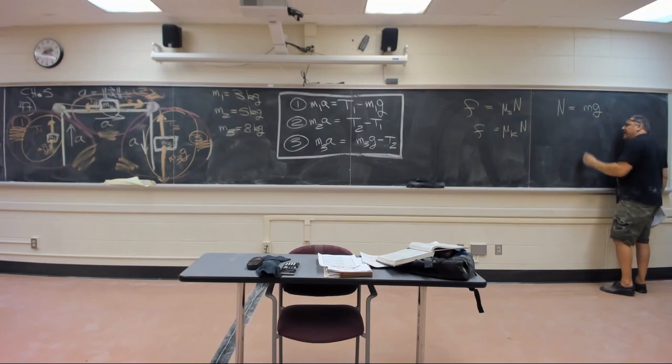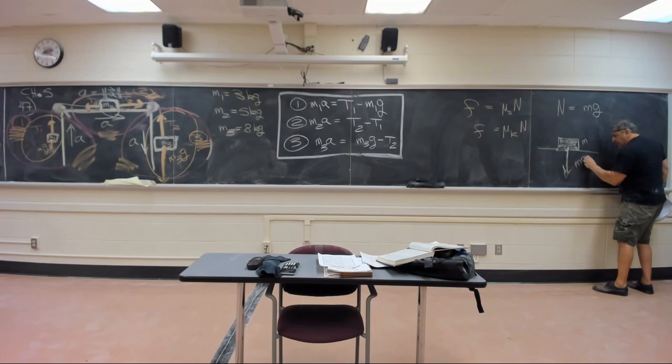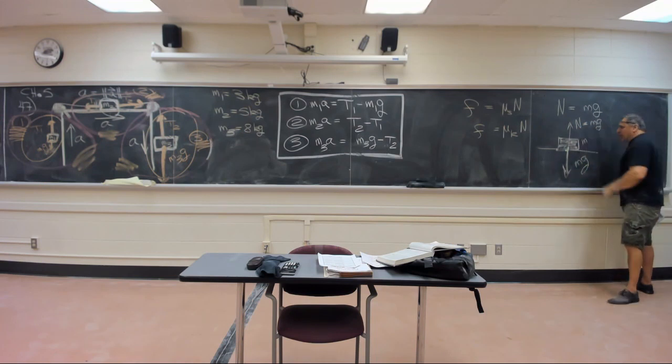If something's straight down on the table, let's say here's the table, this is mass m. mg is straight down. The normal force is equal and opposite. The table exerts a force to not let this thing move. It's not Newton's third law technically.